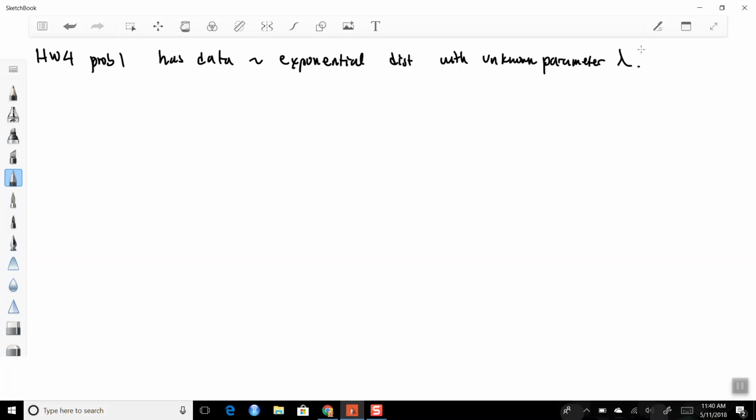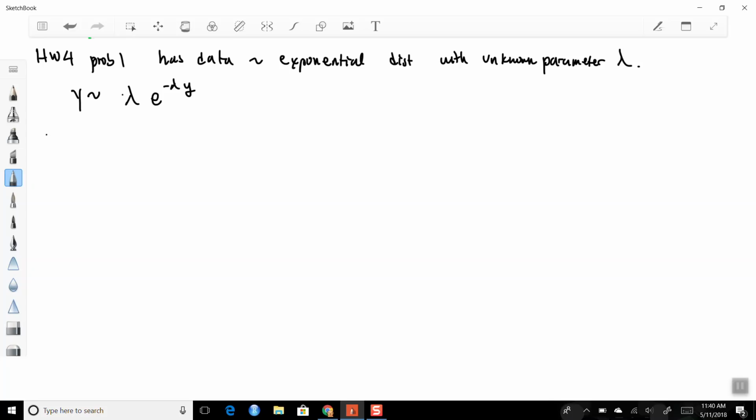So y comes from the exponential, which has PDF lambda e to the negative lambda y. That's the PDF of an exponential distribution.